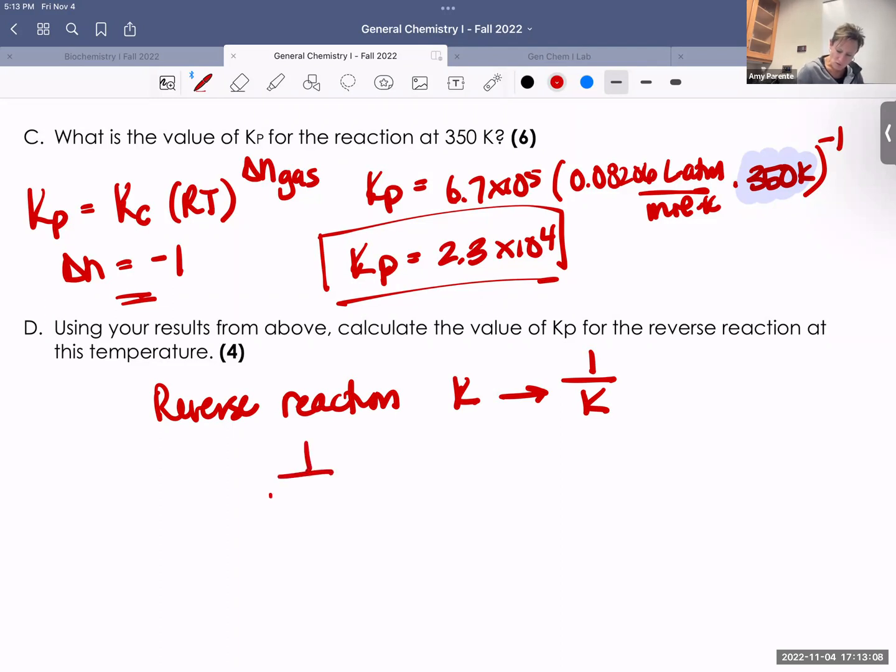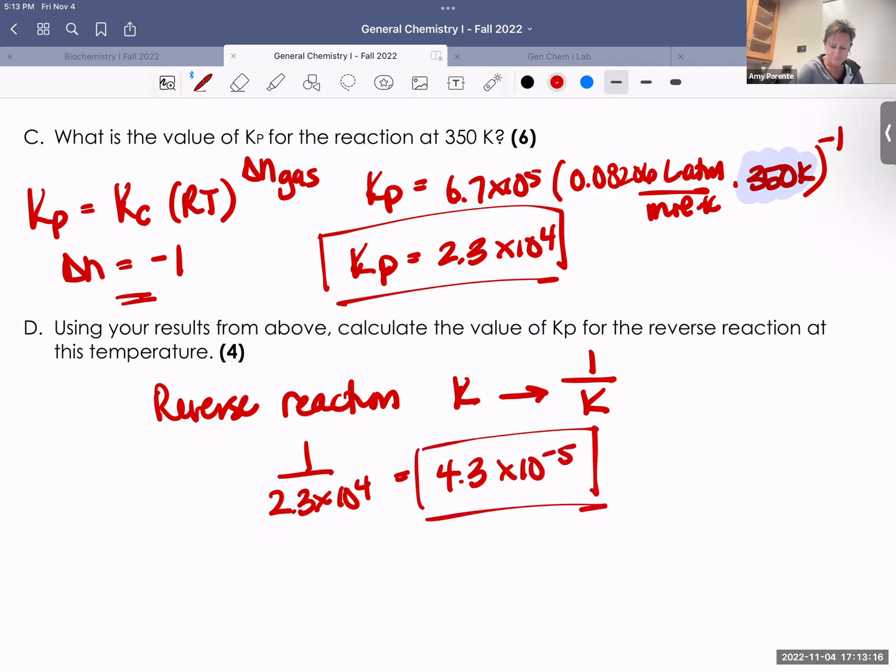So 1 over 2.3 times 10 to the 4th equals 4.3 times 10 to the -5th. Nope, we do not have units for equilibrium constants. Rate constants, units are super important. We do not have units for equilibrium constants.